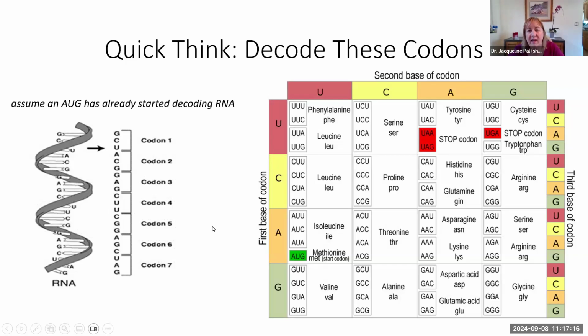When you're ready, then you can look and double check your answers. You would have 7 amino acids. Well, actually, you will only have 6 amino acids because the last one is a stop codon.